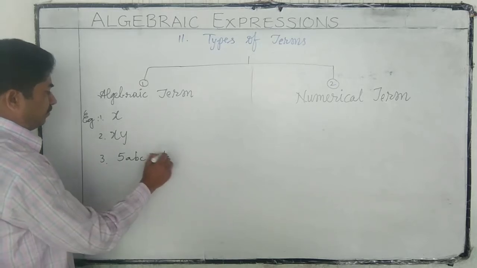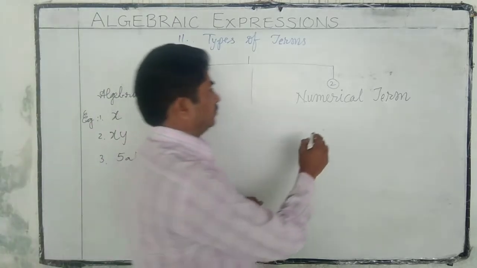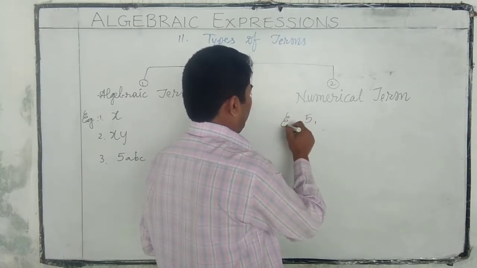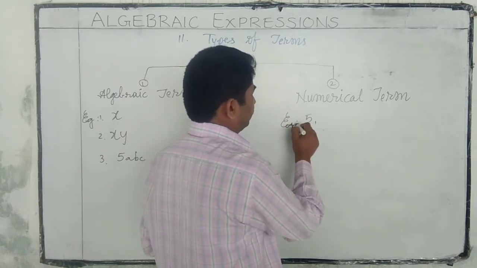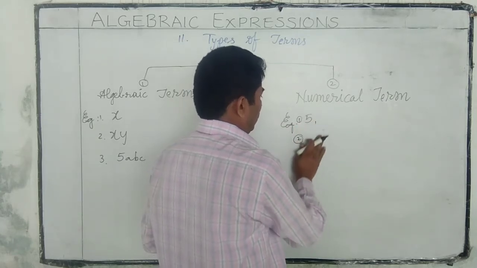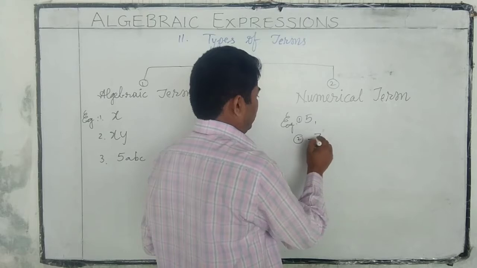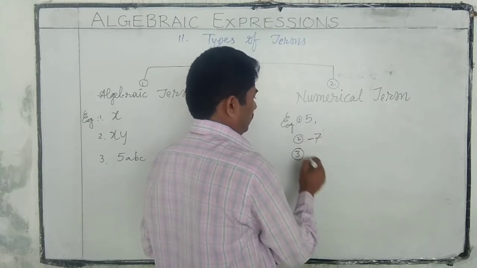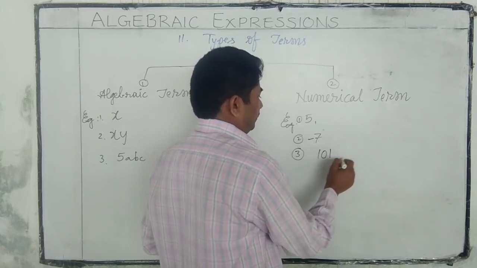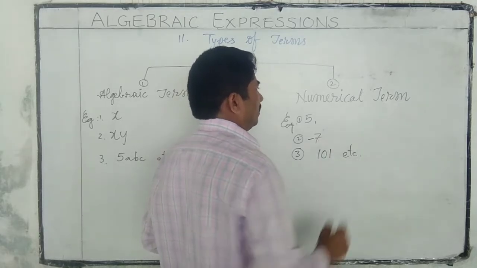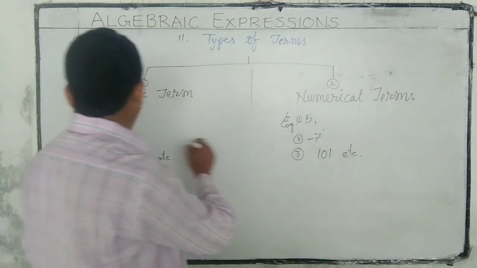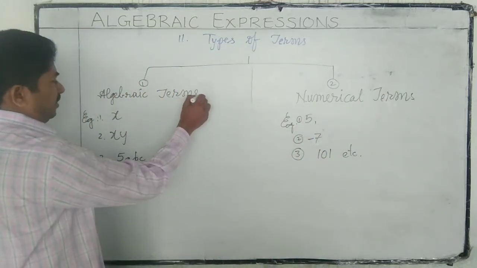So etc. Numerical term 5, minus 5, minus 7, 101 etc. These are numerical terms. These are algebraic terms.